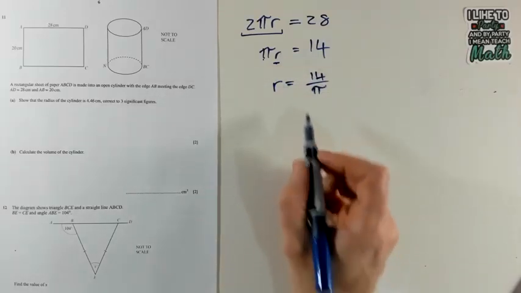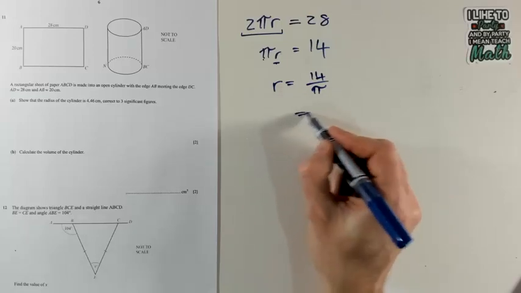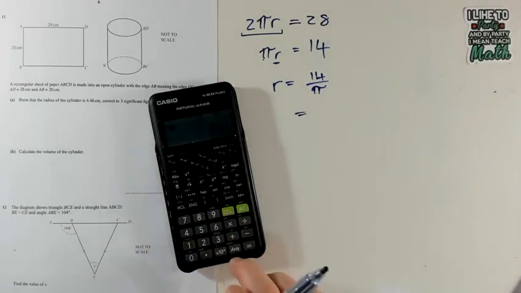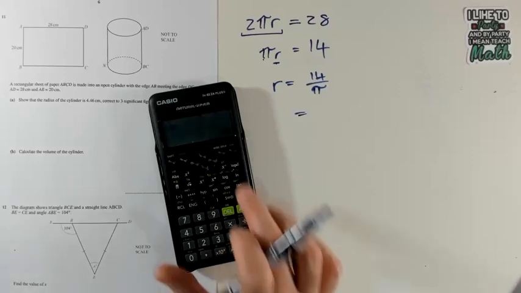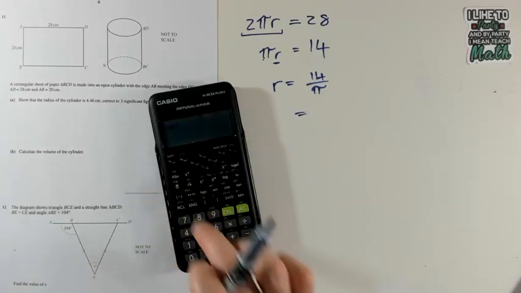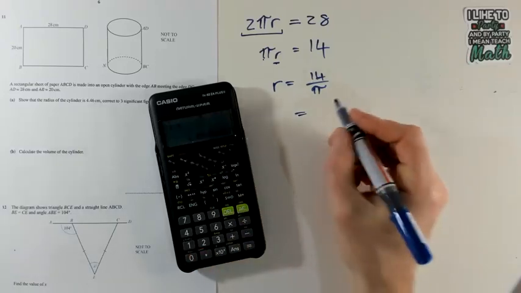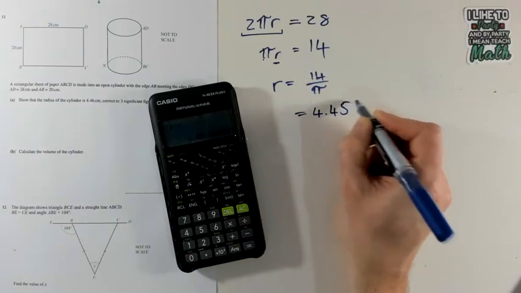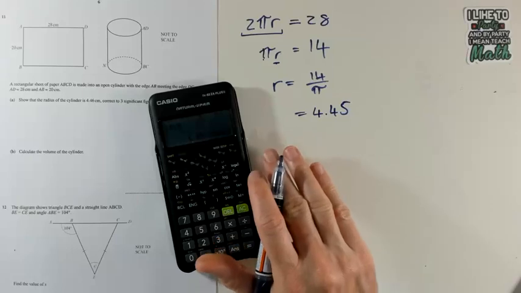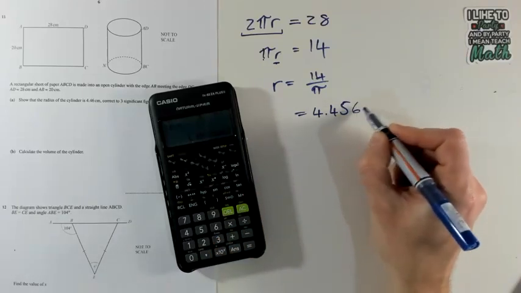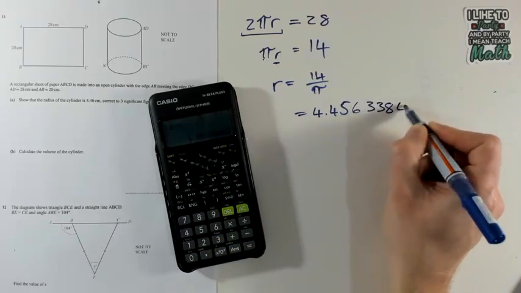Now, very important, I can't just write r equals this. On my calculator, 14 divided by pi gives 4.45. Now, you can't just do that. You have to write the bigger number, 4.456338407.